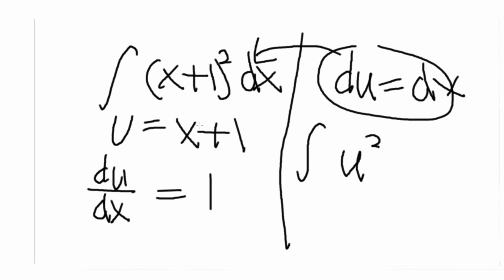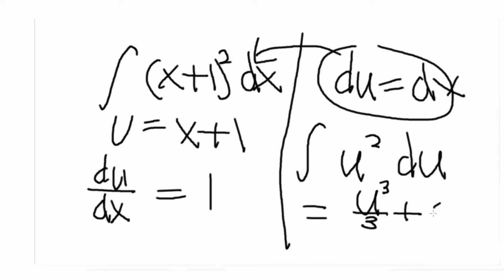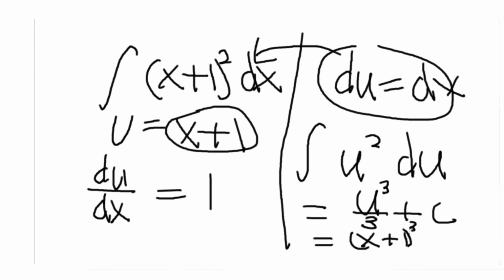Notice we just replace the x plus 1 with u, and here we have a square. Here's what we get because du equals dx. Then the answer is u raised to the 3rd divided by 3 plus c. And then we substitute x plus 1 back. Then we get x plus 1 to the third divided by 3 plus c. So this is like the most basic part of indefinite integration.